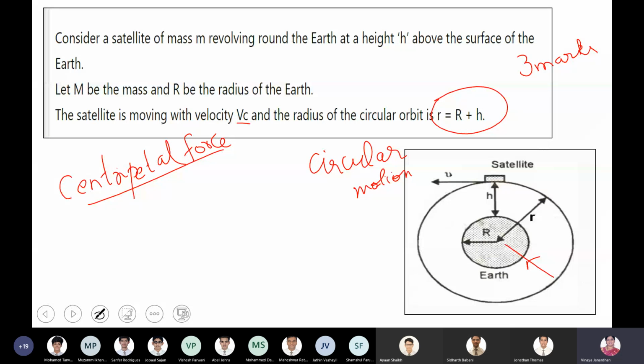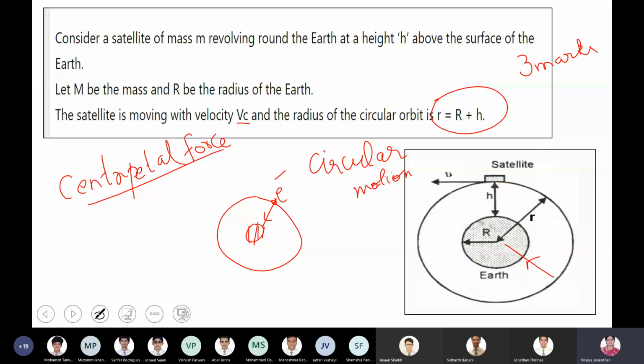Now, what provides the centripetal force over here? Suppose you have an electron revolving around the nucleus. What provides the centripetal force? What pulls the electrons towards the orbit? Otherwise, electrons will fly away. The nuclear charge.